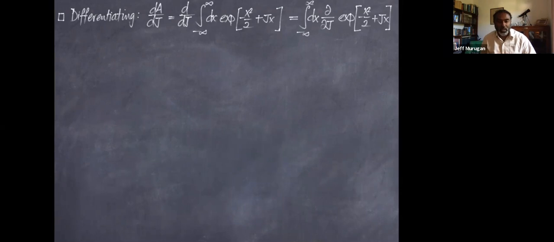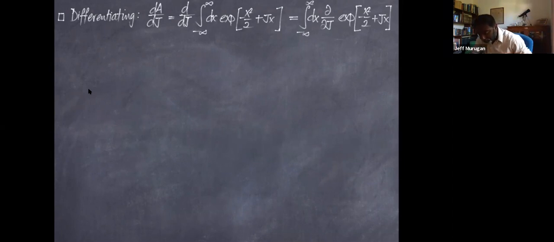And now you recognize that the partial derivative pulls down a factor of x because it's just acting with respect to j.